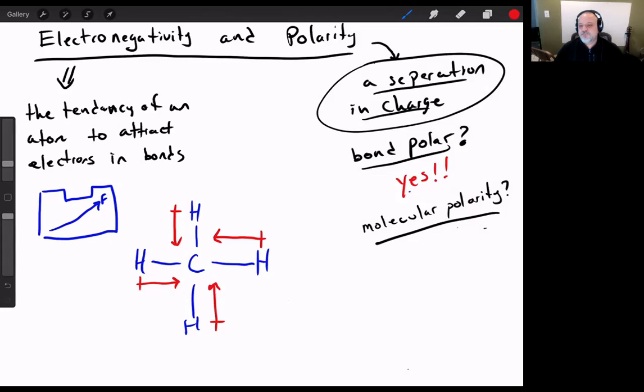You ready, Angela? Is the molecule polar? No. The individual bonds are polar, but look at all of the dipole moment arrows, the dipole arrows. Remember that this is a symmetrical structure. It's a tetrahedron.